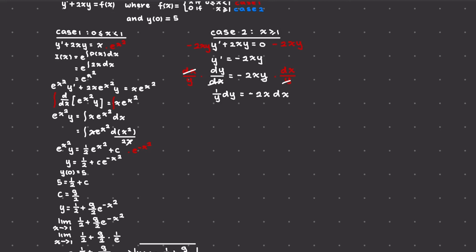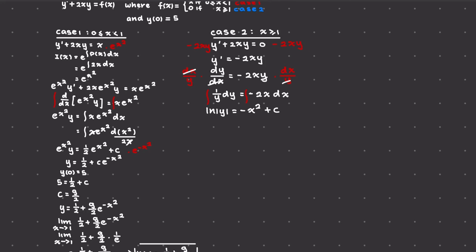And now we want to integrate both sides, as this is the separable method. On the left hand side, we will get the natural log of y, or ln y, equals to negative x squared plus c on the right hand side.